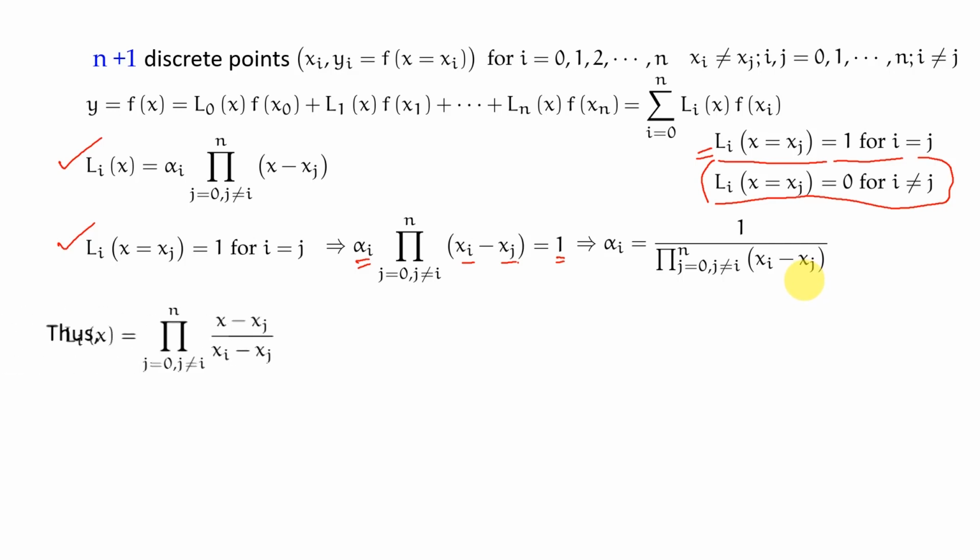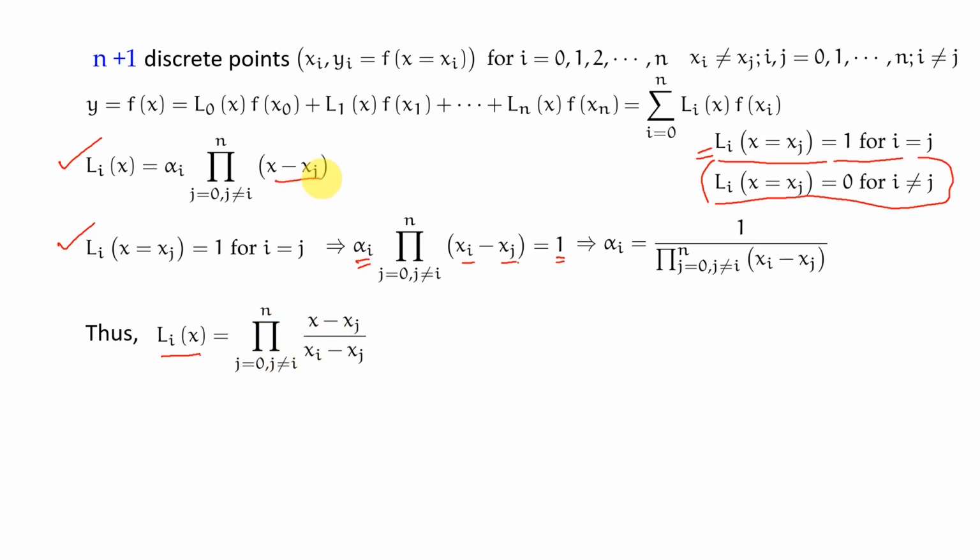And thus, Li(x) is a product of (x minus xj) divided by (xi minus xj). This (xi minus xj) is coming from this alpha i, and these are the expressions of all our basis functions.